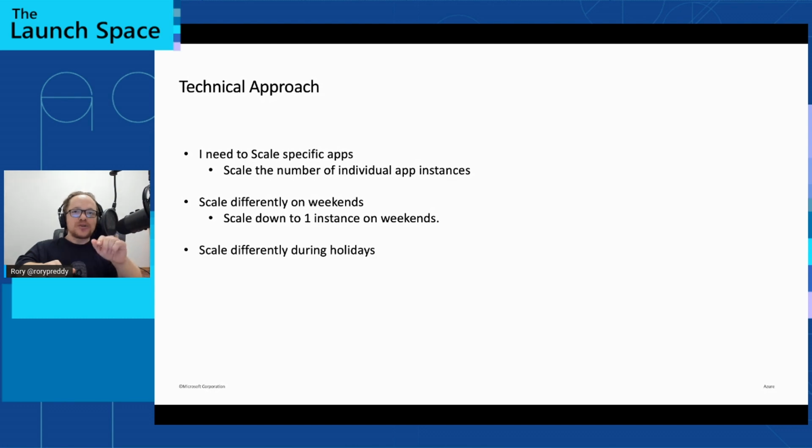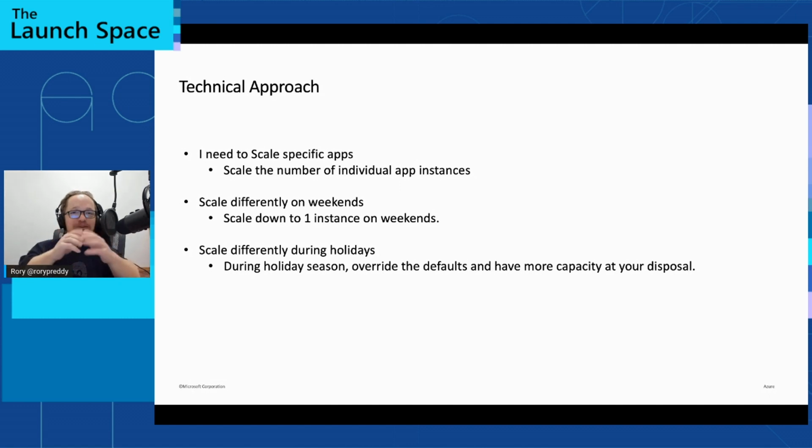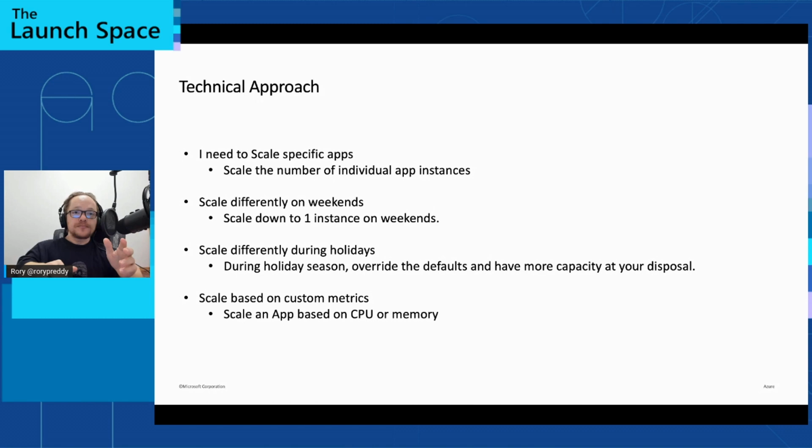I want to scale differently during holidays. In this approach, during a holiday season, I want to override the defaults and have more capacity at my disposal. And finally, scale on custom metrics. In this approach, we scale an app based on CPU or memory.